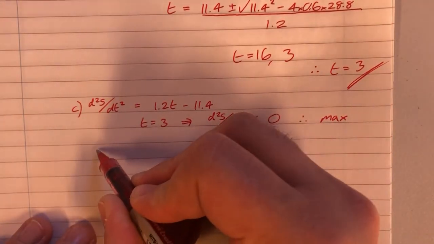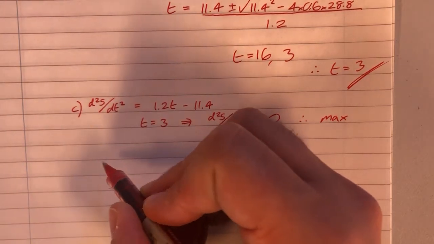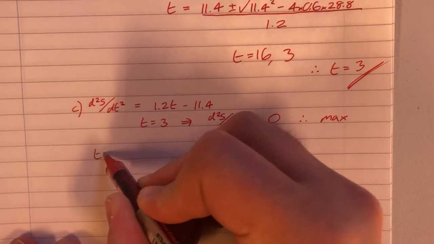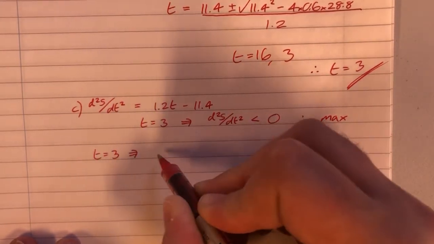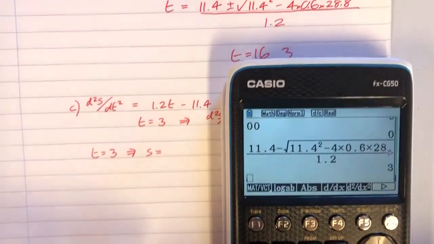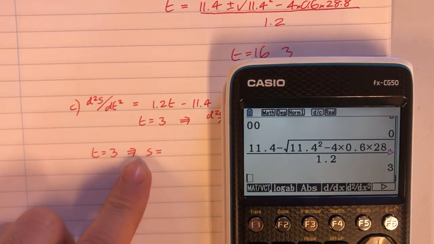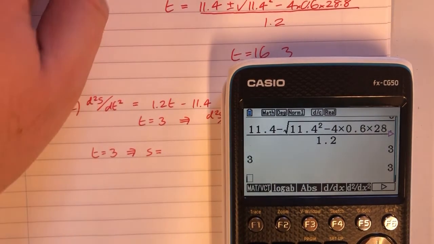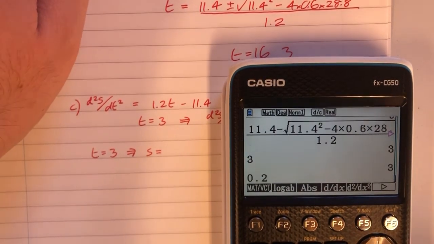I can also work out the value of s when t is 3, and the value of s when t is 10, because those two are key points. So t equals 3 implies s equals, and again I'm going to come back to my calculator, and I'm just going to plug in 3 into the original equation.